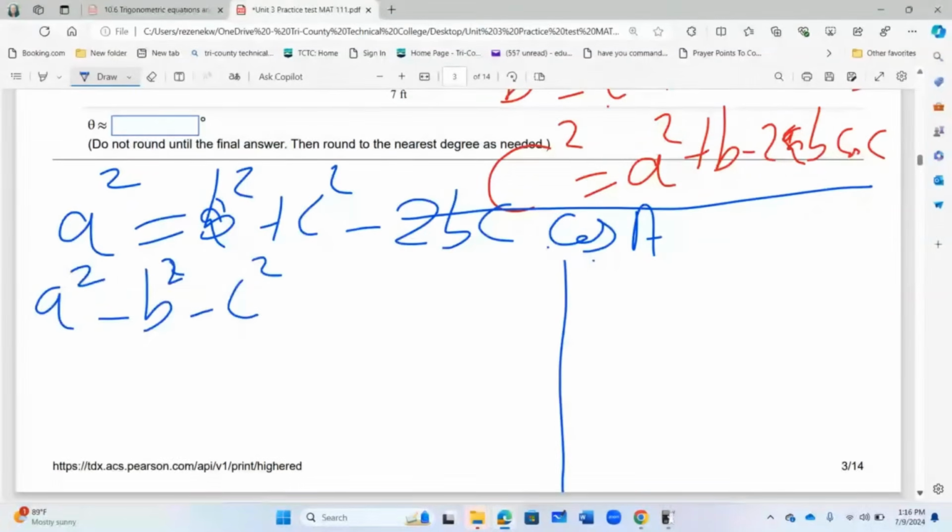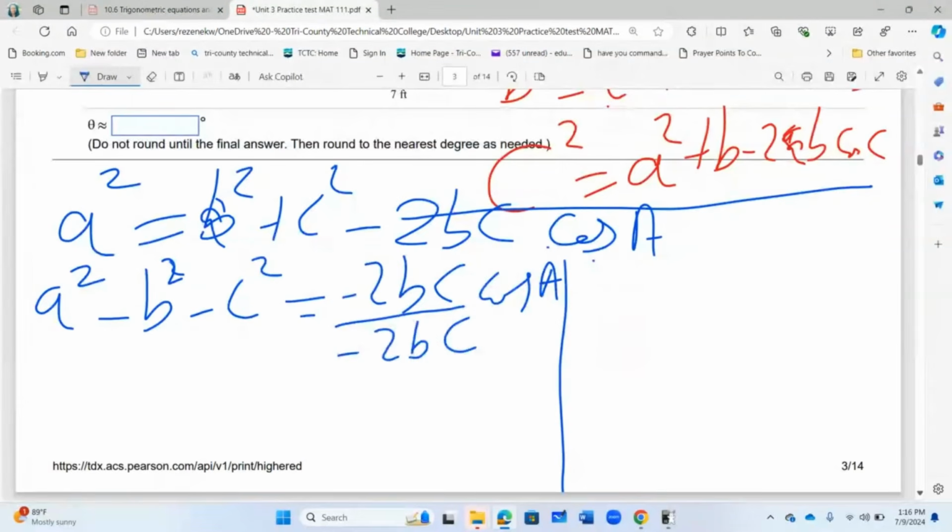Negative 2BC cos A, change on the left-hand side. So divide by negative 2BC, divide by negative 2BC.